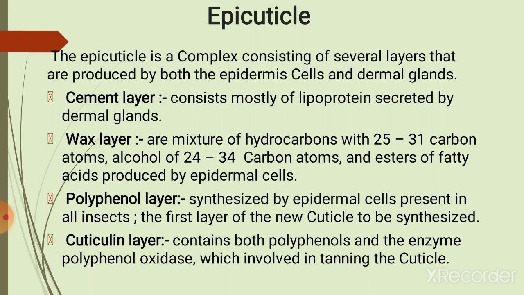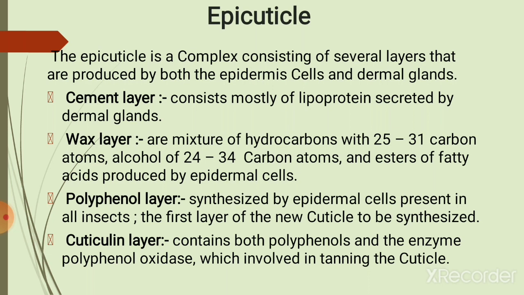It is composed of 3 or 4 layers: outer cement layer, second wax layer, third polyphenol layer, and inner one cuticulin. The polyphenol layer is reported only in some insects.